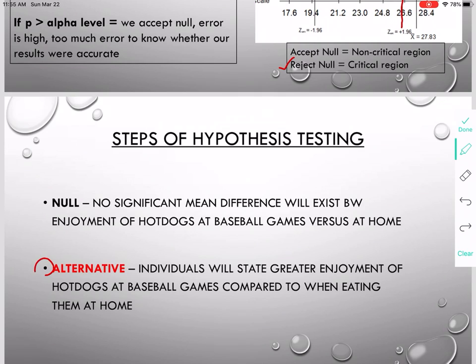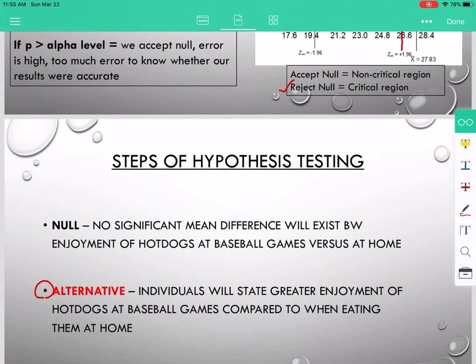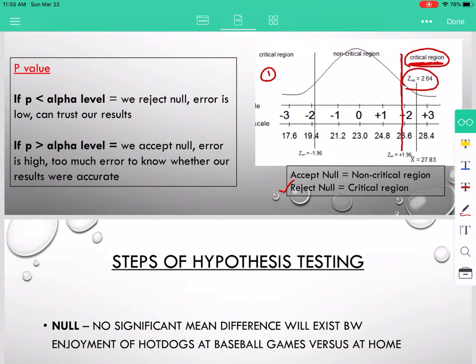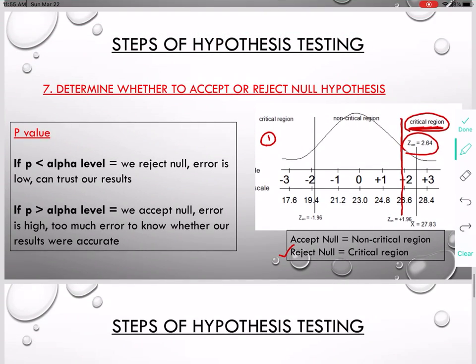And if I wanted to see which alternative was true, whether enjoyment was significantly greater at baseball games or significantly greater at home, I could look to see on which critical region I fall, on which side. So that's one way to do it.